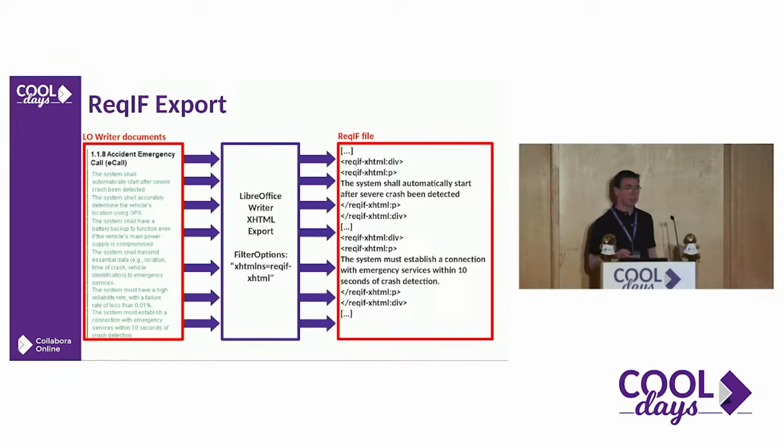So we just have parallel tasks supplying those rich text documents to LibreOffice instances. They convert them into the format we need, and then we merge it at the end again to create one ReqIF file. That is then the actual export which our customers can use.